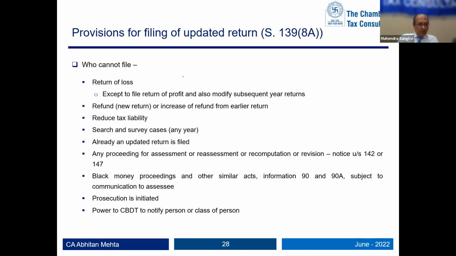Yes. But here it talks about the AO having information in respect of such person for a black money act, and the same has been communicated to him prior to the date of furnishing the return. So it's not the investigation, it's from the AO. No, but see, the AO will never have it under PMLA.